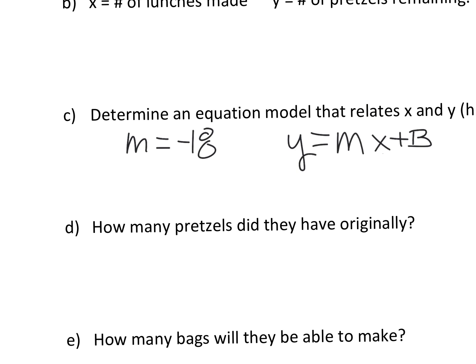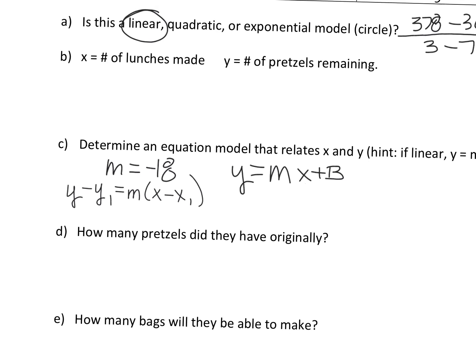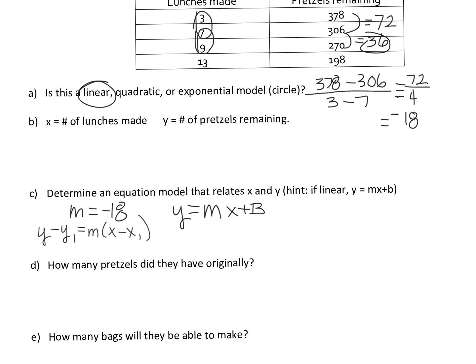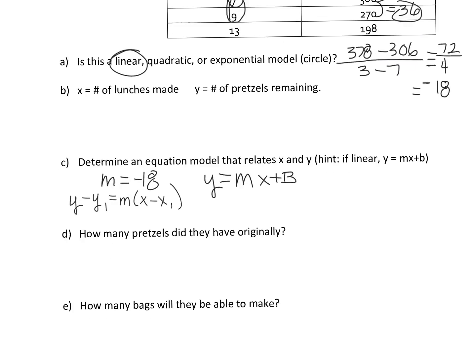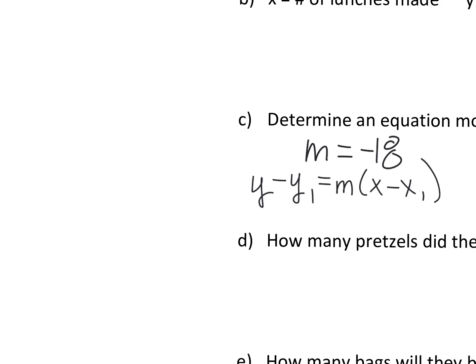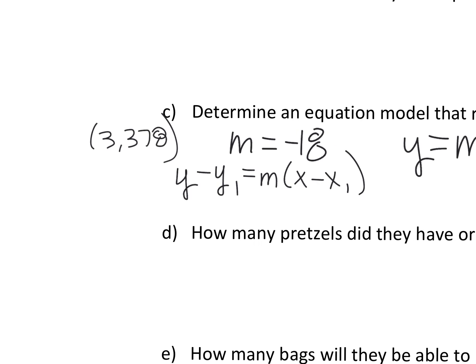The other way you can do it is your point slope, which is y minus y1 equals m times x minus x1, and we take any of our points and plug it in for x1, y1. So how about we take the smallest x value, 3 comma 378. I could use any of the points. That means that for 3 bags used, we have 378 pretzels remaining.